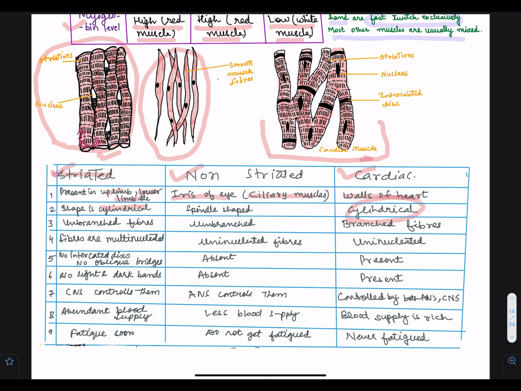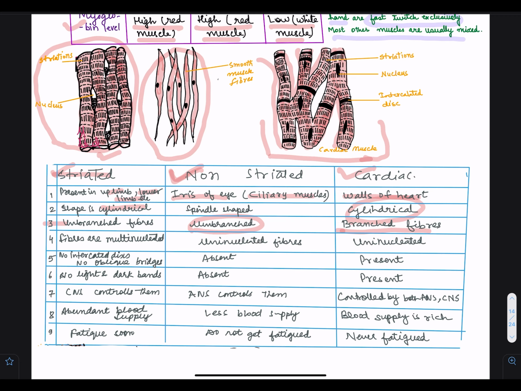Striated have unbranched fibers. Non-striated too have unbranched fibers, while the cardiac have branched fibers. You can see these branches over here. The cardiac muscles are branched.